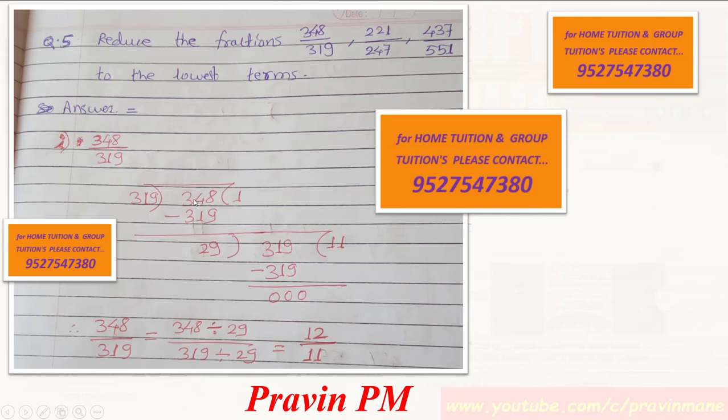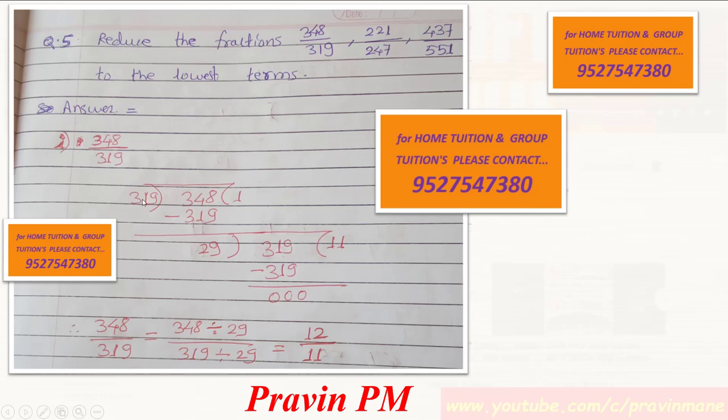Here this number is called the dividend, so 348 will be the dividend, and this is the divisor. So 319 will be the divisor. You can say it as divisor or divisor, both pronunciations are correct. Then this is the quotient.